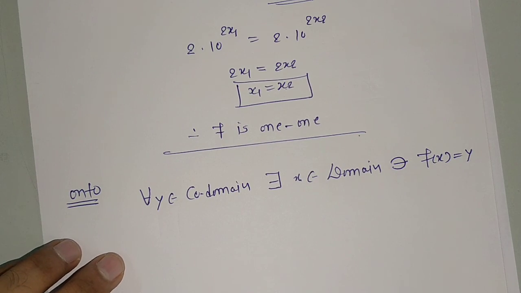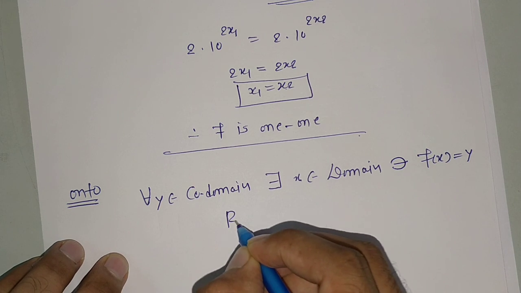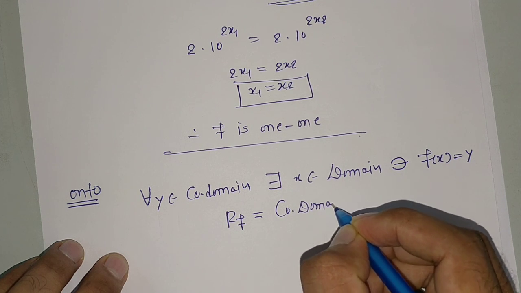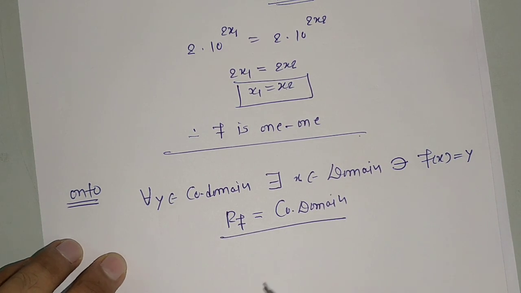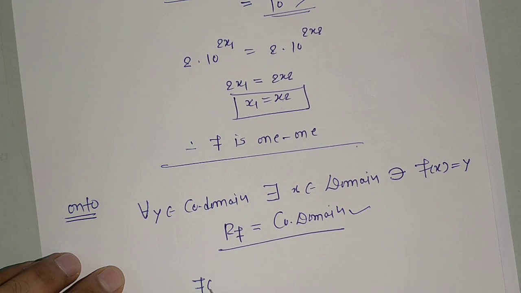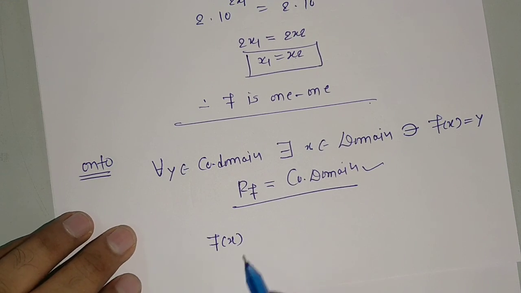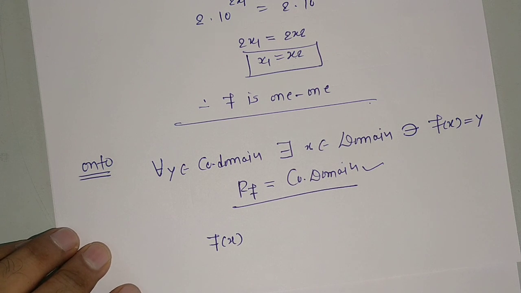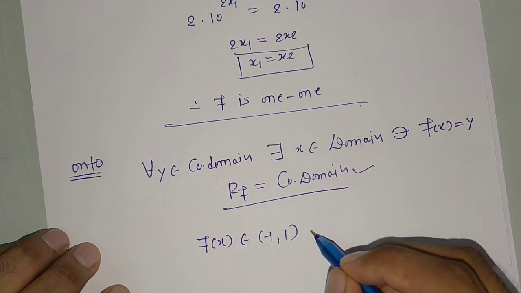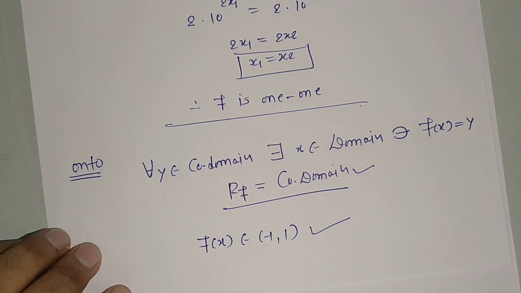Also we have studied that if the range of the function equals the codomain, then the function is onto. So we apply this. The range will be all these points for all x. If this belongs to -1 to 1, then I can say that the function is onto.